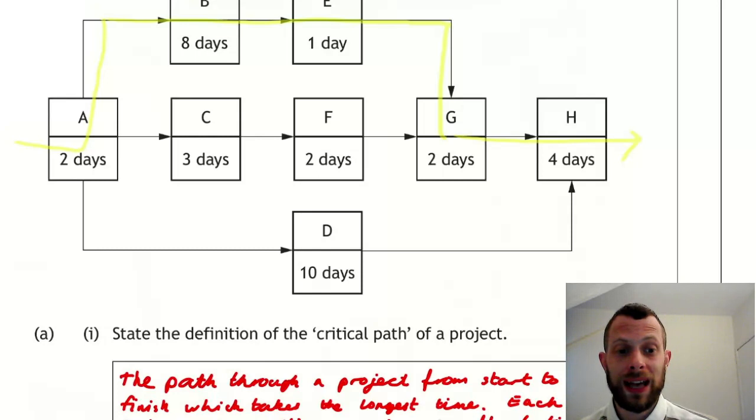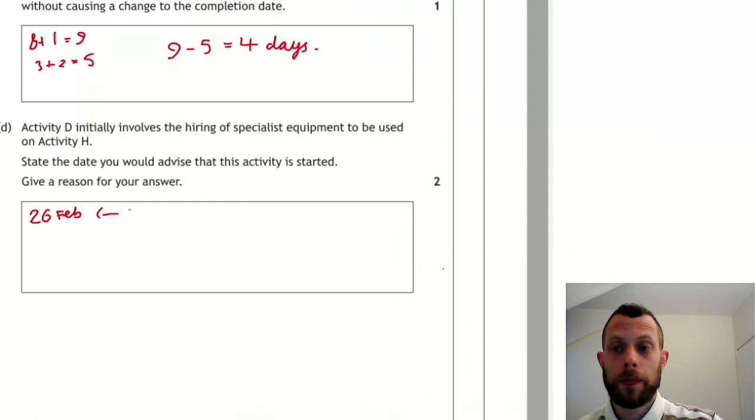So we will work out the end of the project date, 26th of February, then minus 14 days. And that will give us the latest possible date that we can get away with hiring this equipment.